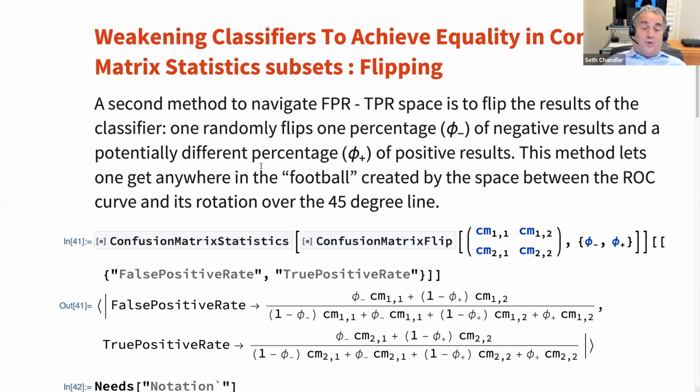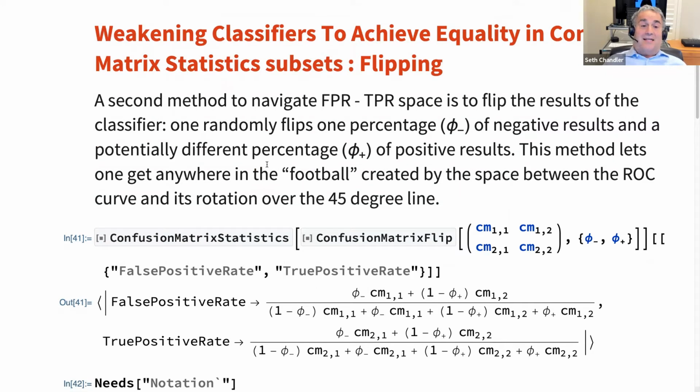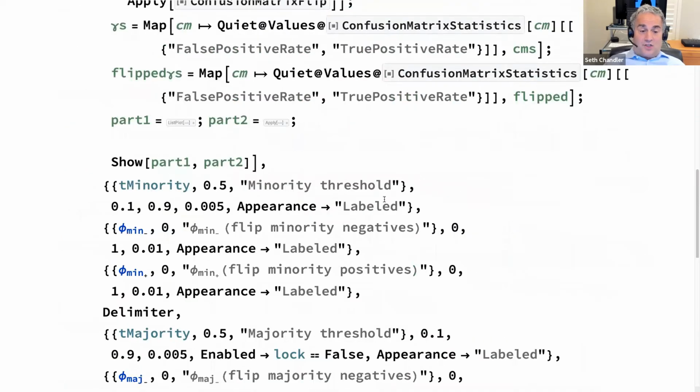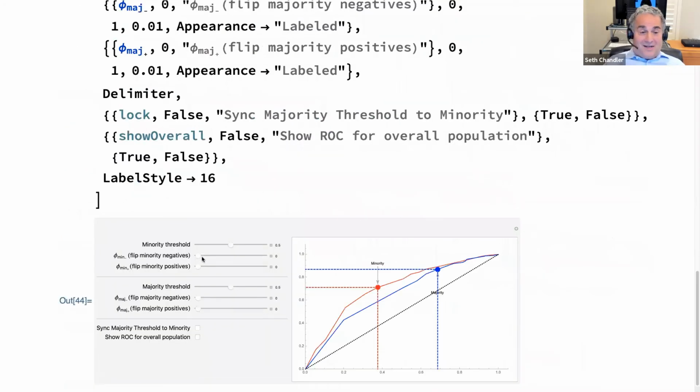Or another thing you can do is flipping. The idea is to say, well, our classifier predicts that you're going to be negative, that you're going to recidivate, but some random fraction of the time, we're going to flip that to a positive result, and a potentially different percentage of time, we're going to flip a positive result to a negative result. And so by doing it that way, you can move your classifier into the interior of your data set.